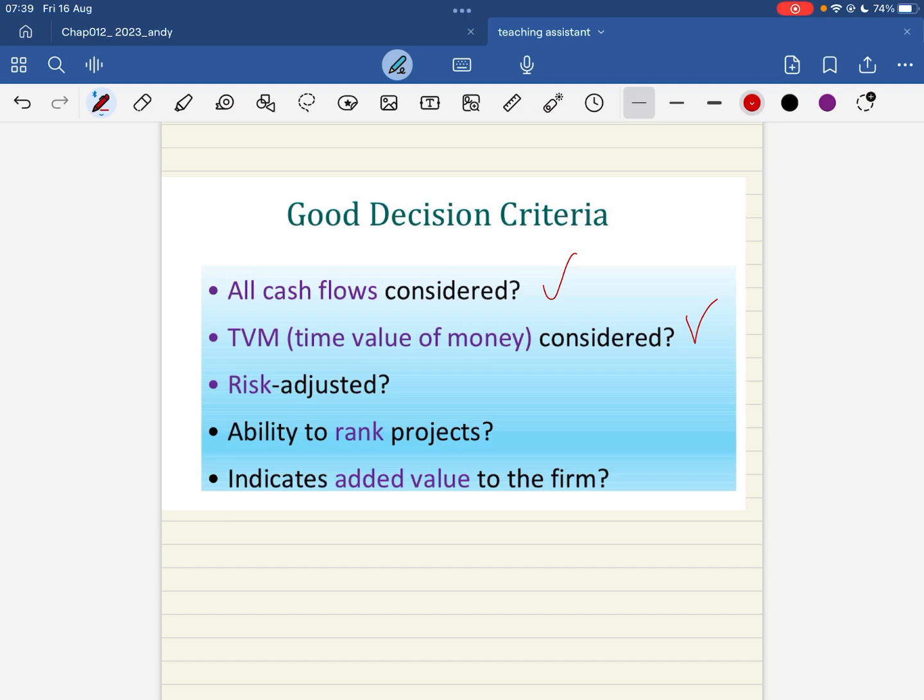It is risk adjusted, of course, because we are trying to find the required return. Do we have the ability to rank the projects? Yes, we do. And will it indicate the added value to the firm? Well, no, because the NPV is always equal to 0. Therefore, it indicates no added value to the firm.